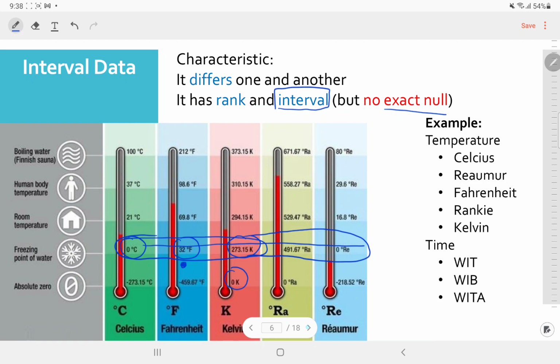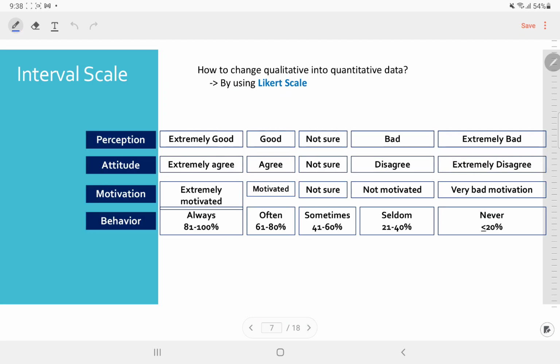And the last thing, just take a look at the ratio one. But before that, we should understand that this interval scale is also important. We can change qualitative data to become quantitative. How can we change that? By using the Likert scale. So for example, in perceptions, in our questionnaires, we will have these kinds of options.